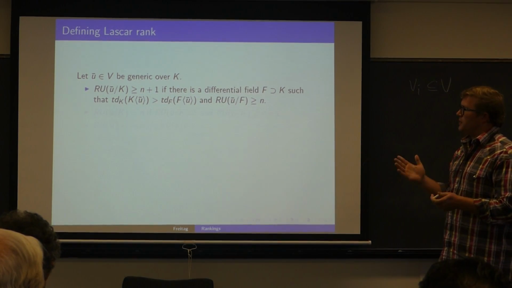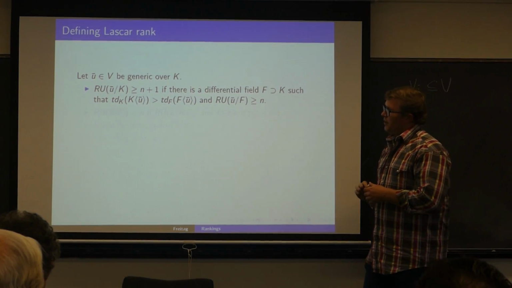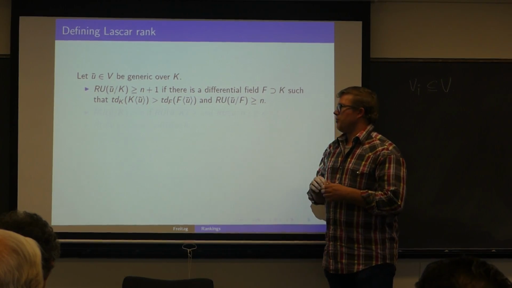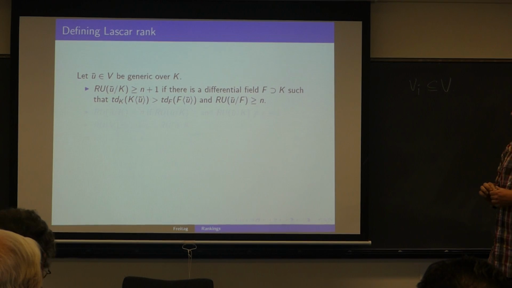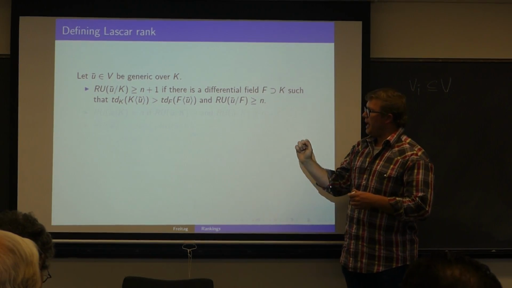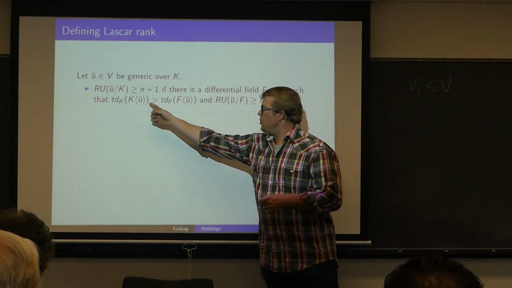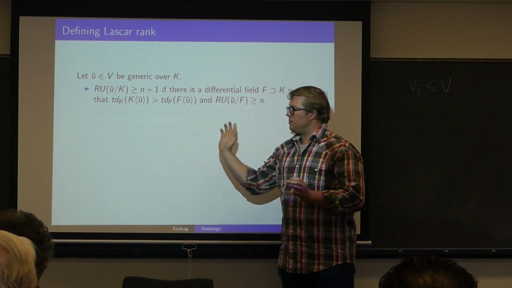Okay? So on this differential variety V, I say that the U rank, or the Lascar rank, of u bar over K is bigger than n plus 1 if there's some differential field extension F containing K, so that the transcendence degree, when you move from K to F, drops.